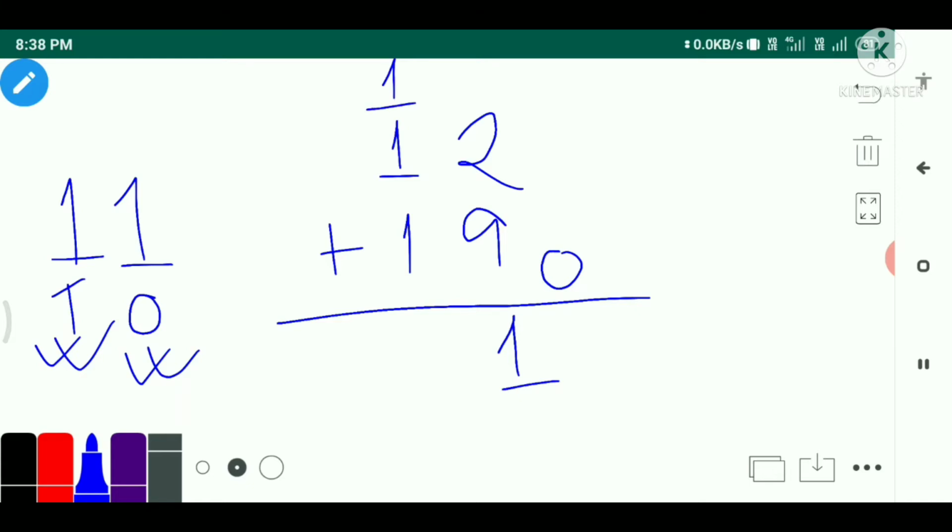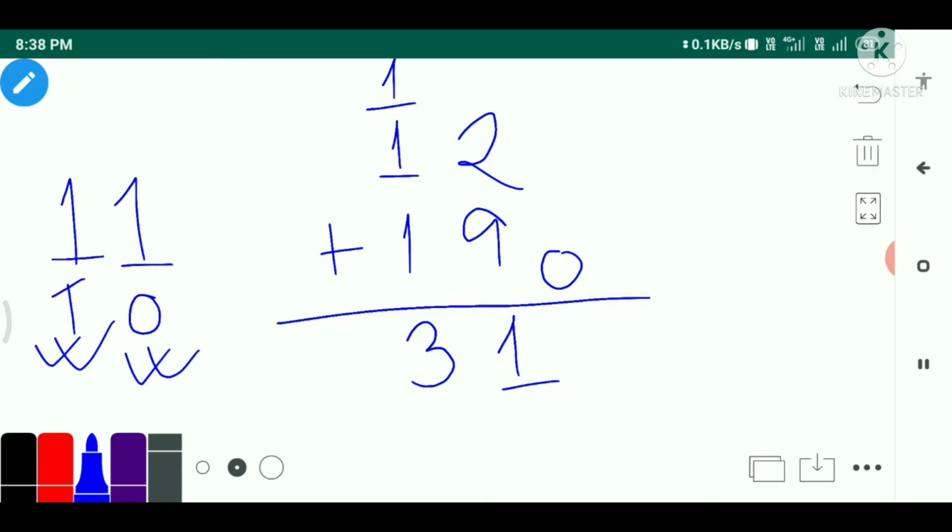Now 1 is there, so we'll add the numbers in tens place. So 1 plus 1 plus 1, it will be how much? 3, right? So our number will be 31. This is how we can add any two-digit number with regrouping.